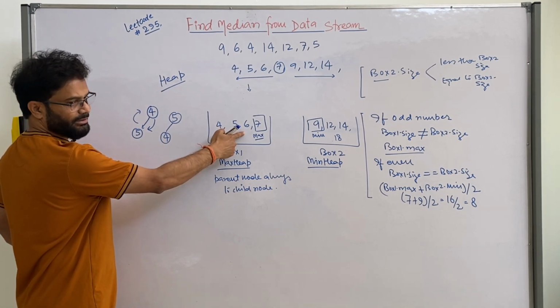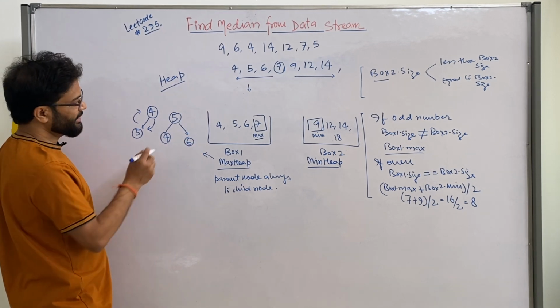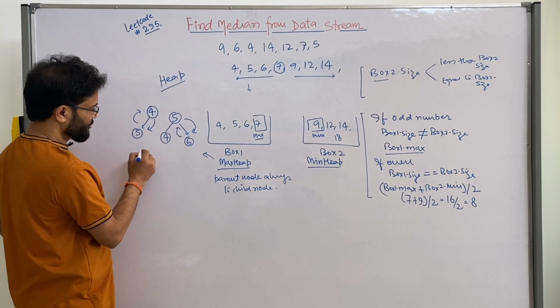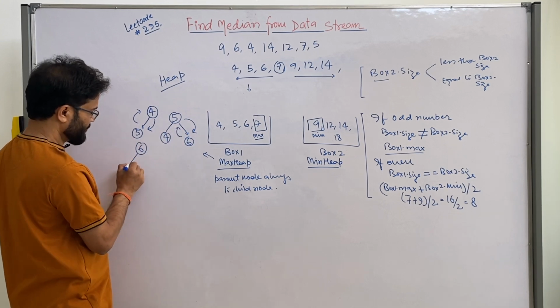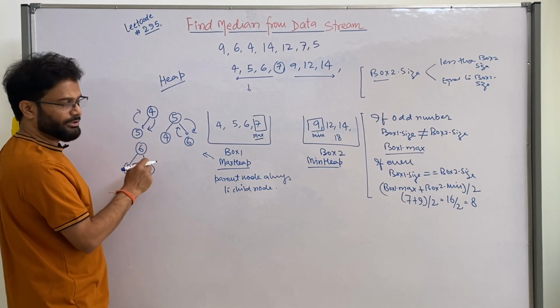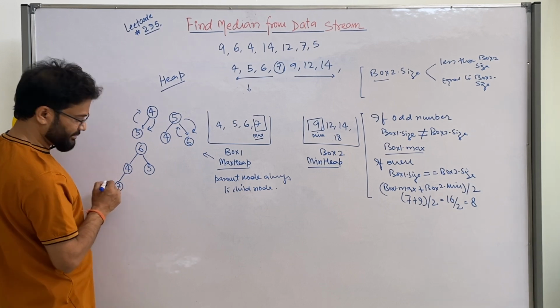Now the 6 will come here, on the left side. But again if you see, this parent is less than 6, so again a swap happens. So this will become 6, here the 4, here the 5, because the swap happened between these two numbers. Now the 7 came, and 7 should come here because this is a binary tree.